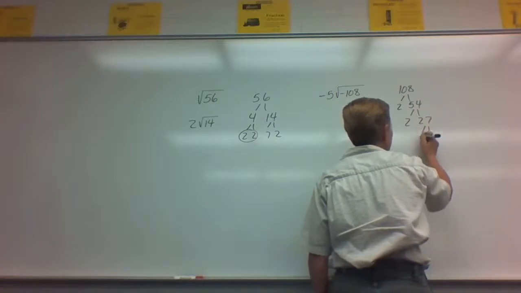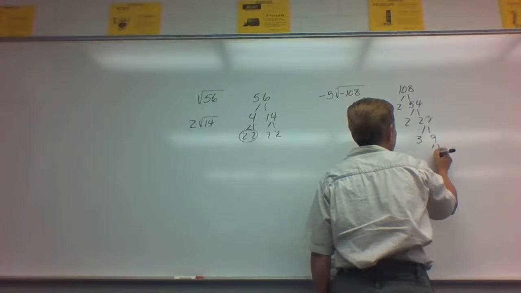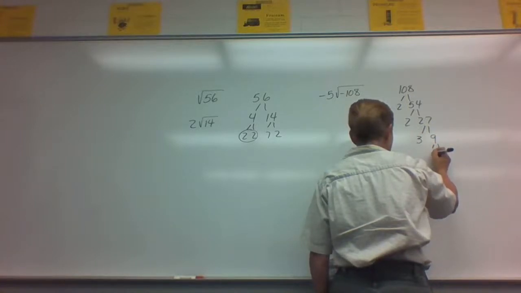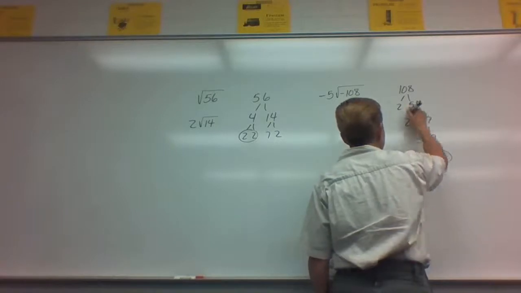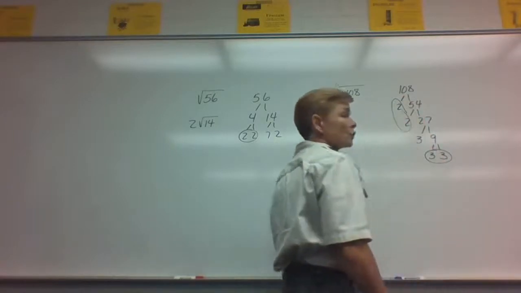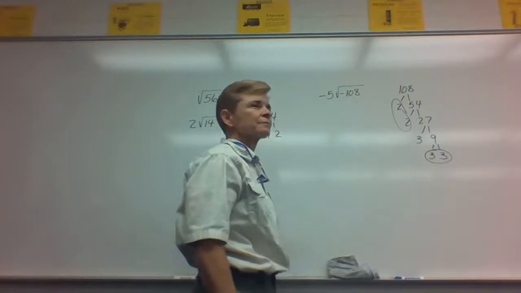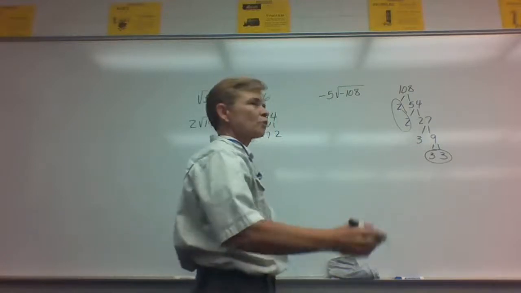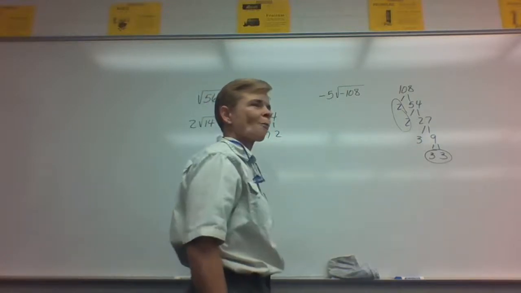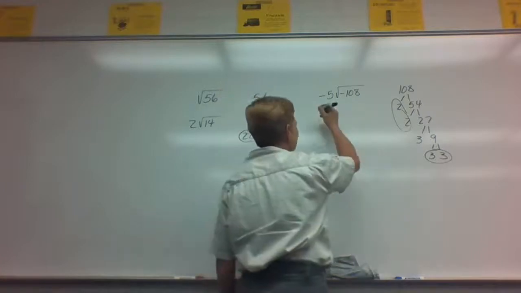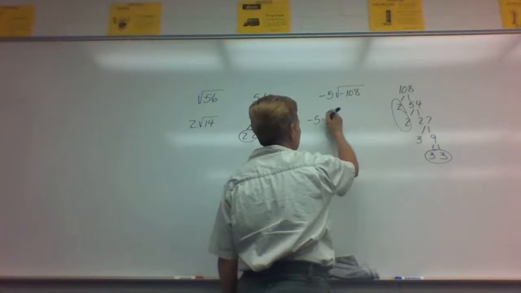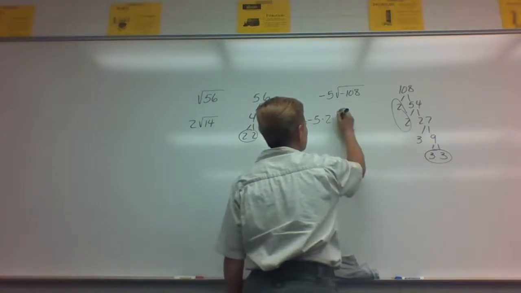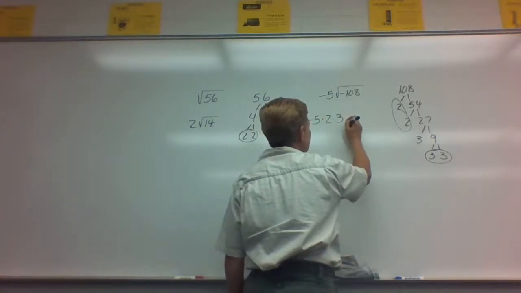This is not even, but what do we know goes into that? 3 and 9, and then 9 is 3 and 3. There's a pair of 3s, pair of 2s. What gets to come out? A 3 and a 2, and does what to what's already waiting for it? Multiply. So what we have at this point is negative 5, which is already sitting there, times that 2, times that 3. What's left?